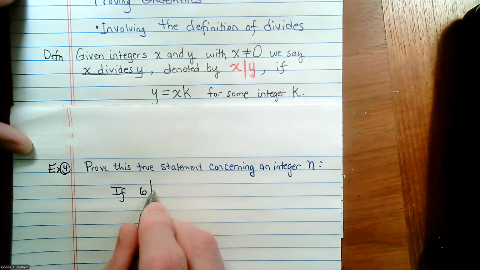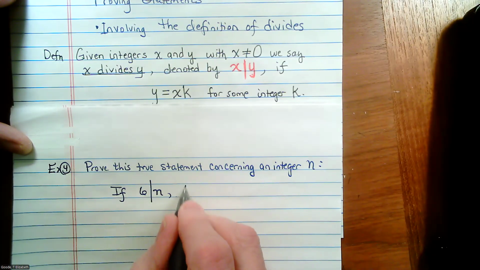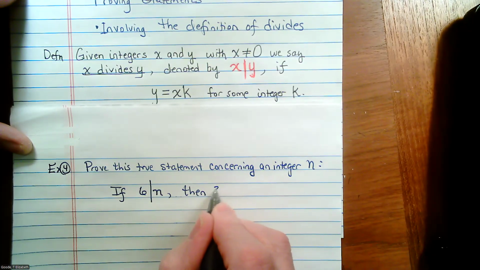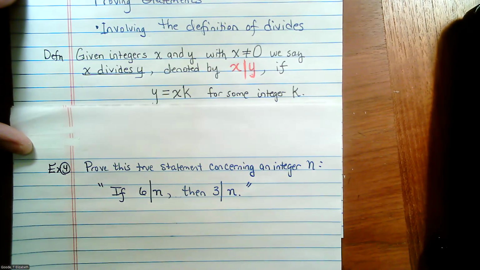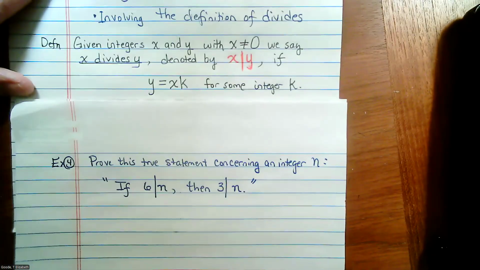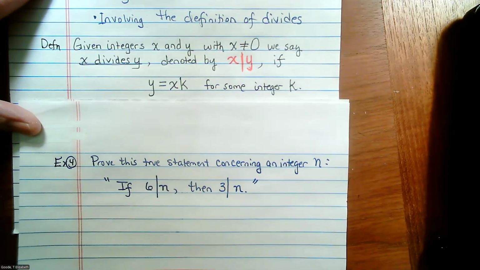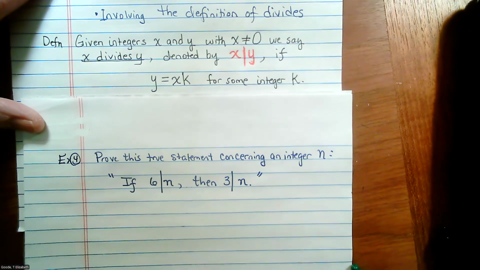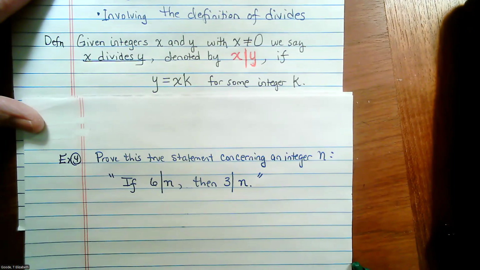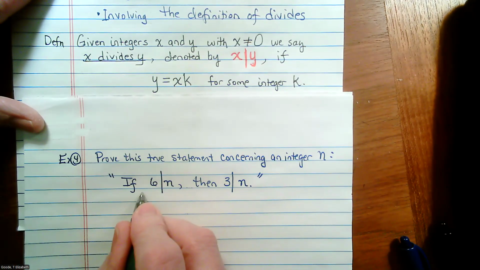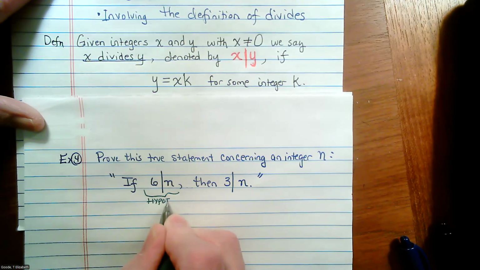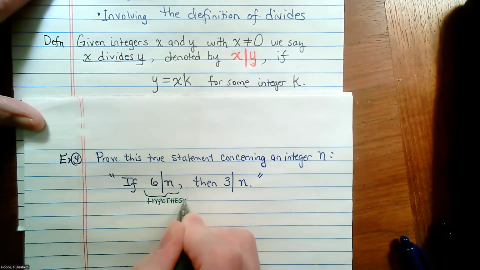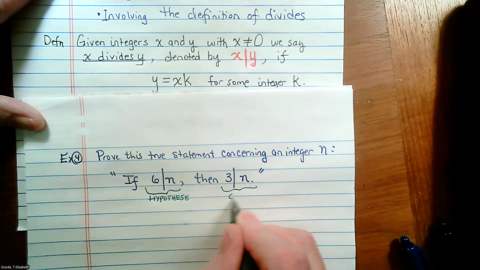If 6 divides n, then 3 divides n. We're going to prove it directly using this definition of divides. And it's already in if-then form. This is our hypothesis that 6 divides n. Here's our conclusion that 3 divides n.